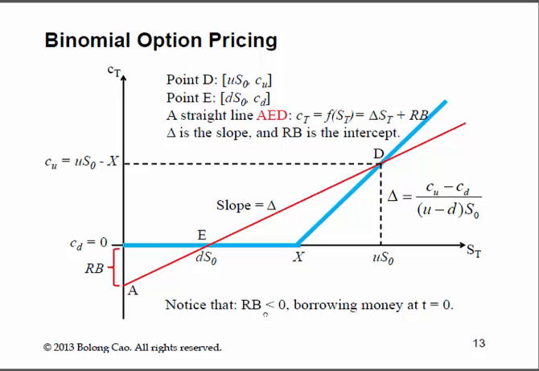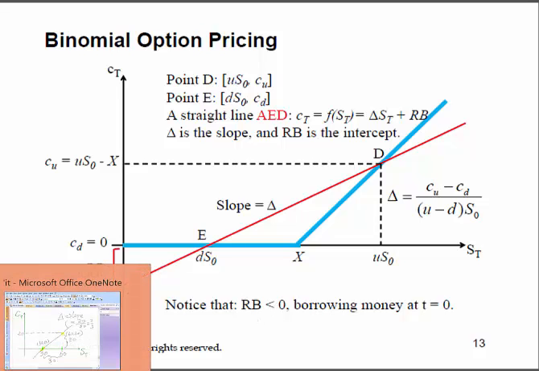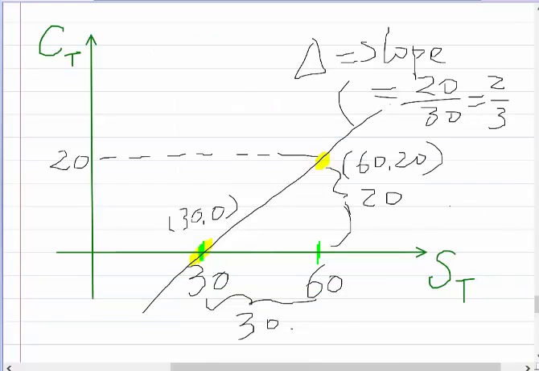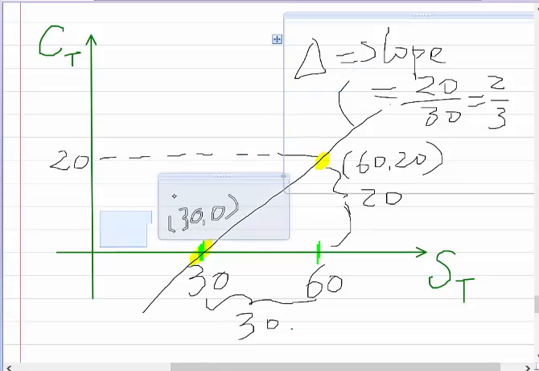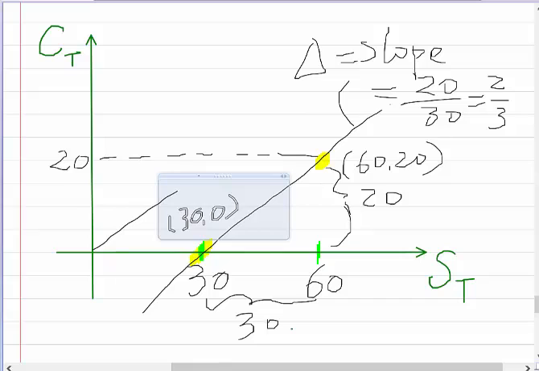So what it does is this. We know that in this picture, if you have 2/3 of the underlying, basically you will have a parallel line like that. Okay, so if let's say the underlying stock price is 0, you'll have a payoff of 0.